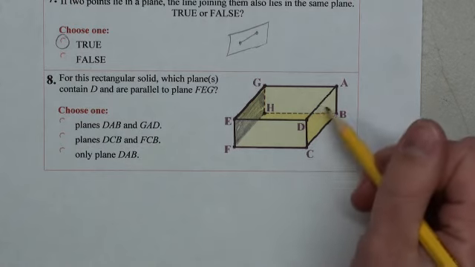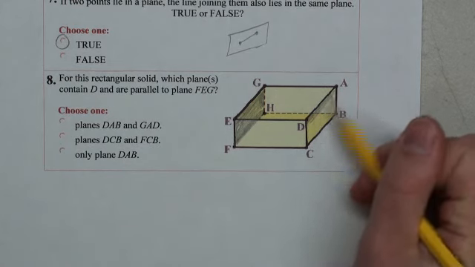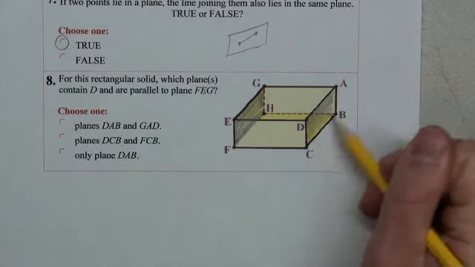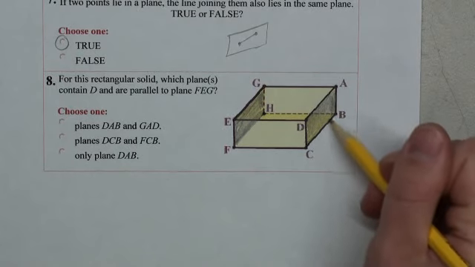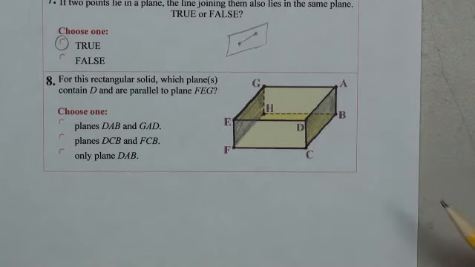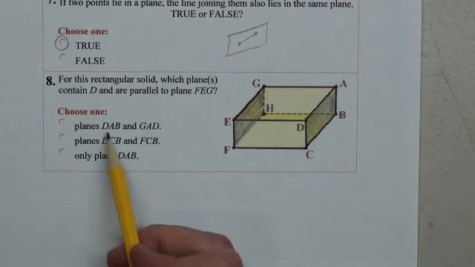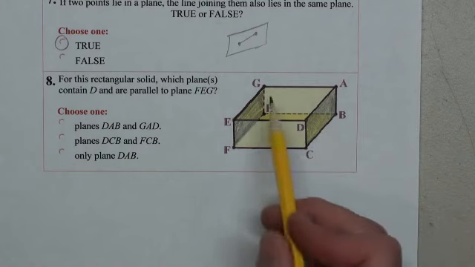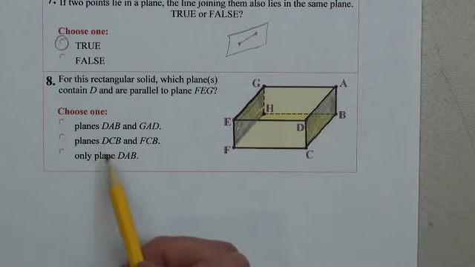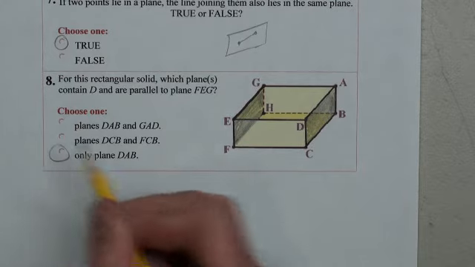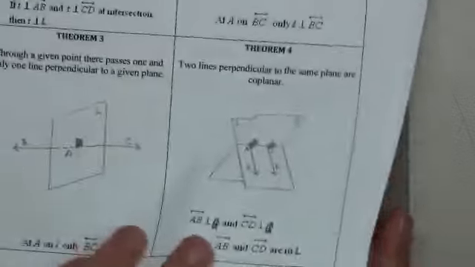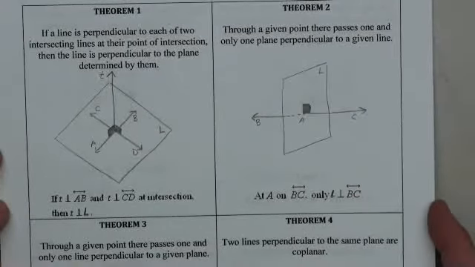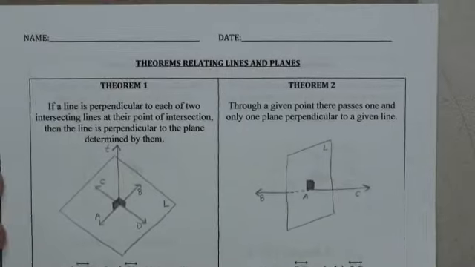Well, there's only one plane that's parallel to FEG, and it's this plane over here. And it contains D on its corner. So planes DAB... no, it's only one, only plane DAB. And that is the end of the lines and planes theorems lesson.